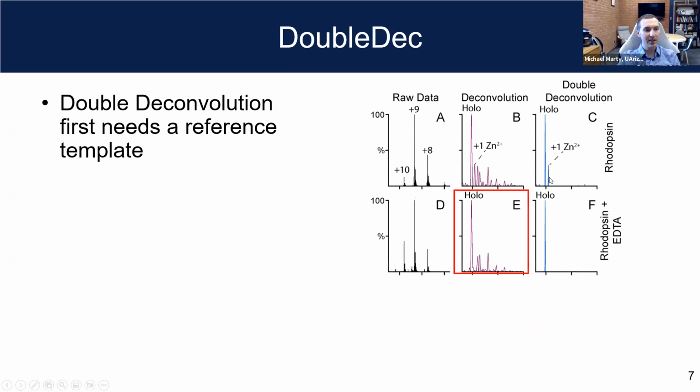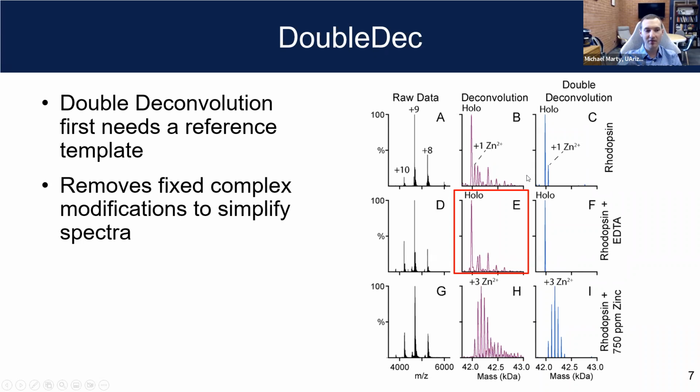The way we did this is we took the protein and treated it with EDTA, so it stripped out all the zinc. We said this is the intact distribution over here. You can see we've lost the zinc bound peak, and we've lost a few of these minor peaks up here that are basically the PTMs plus zinc. When you feed in this template, you can double deconvolve it and get out a totally clean spectrum. And when you add in zinc, this is what you get.